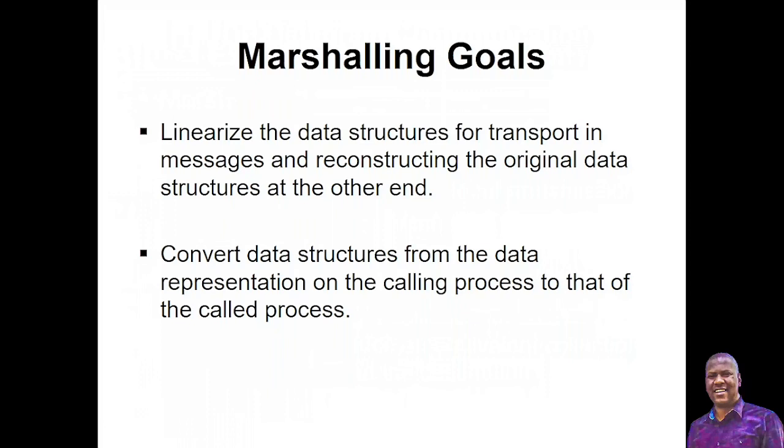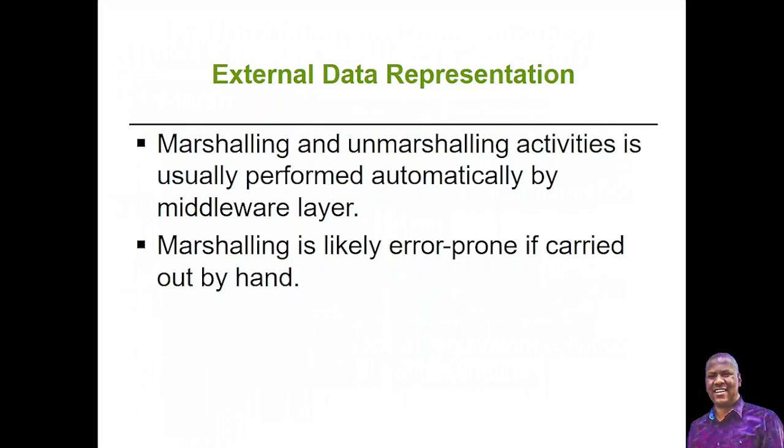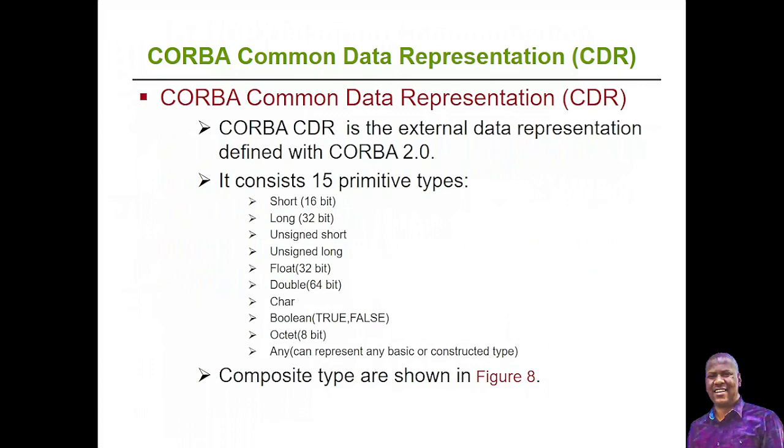So in a nutshell, it linearizes the data structures for transporting messages and reconstructing the original data structures at the destination. So we can say that marshalling and unmarshalling activities are usually performed automatically by middleware layers. Remember, middleware provides the abstraction or layer between the various application layers and the distributed operating system, right? So that at least there's some kind of transparency between the communicating processes.